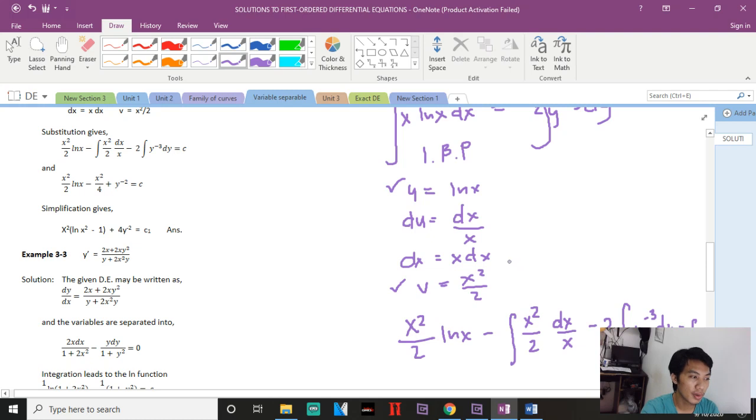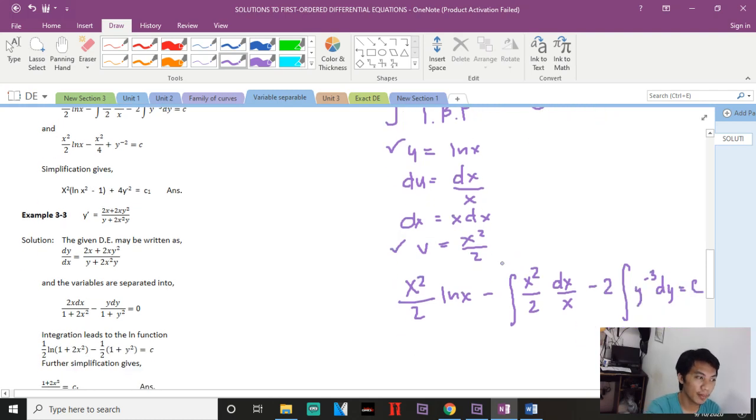Okay. So, for finalizing, what is the integral of these two? The dx over x, I will cancel this. So, one half here. x squared over 2 ln of x, I took out the one half, so that is x, so x over 4 is left. Making x squared over 4.